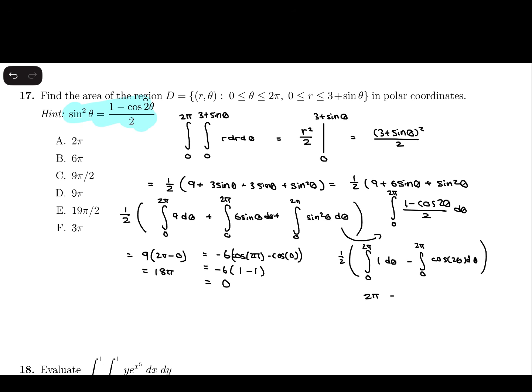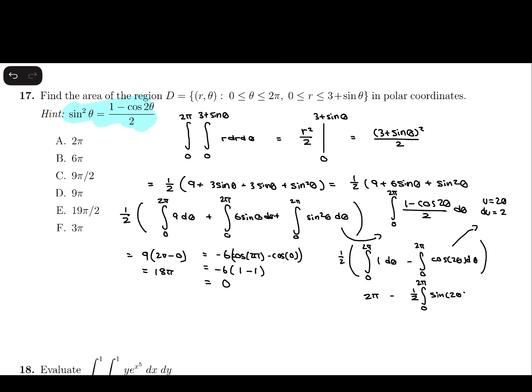And then with the theta, this is really crunching up my work. You get u is equal to 2 theta. So du is just equal to 2. So we get a 1/2. And I'm actually just going to keep it like this, of 2 theta. And that becomes sine of 2 theta.